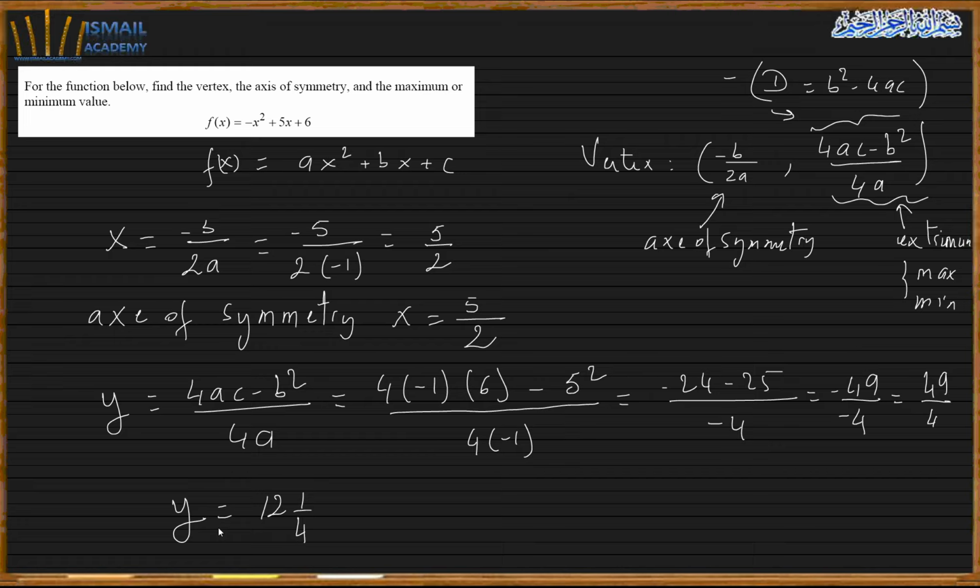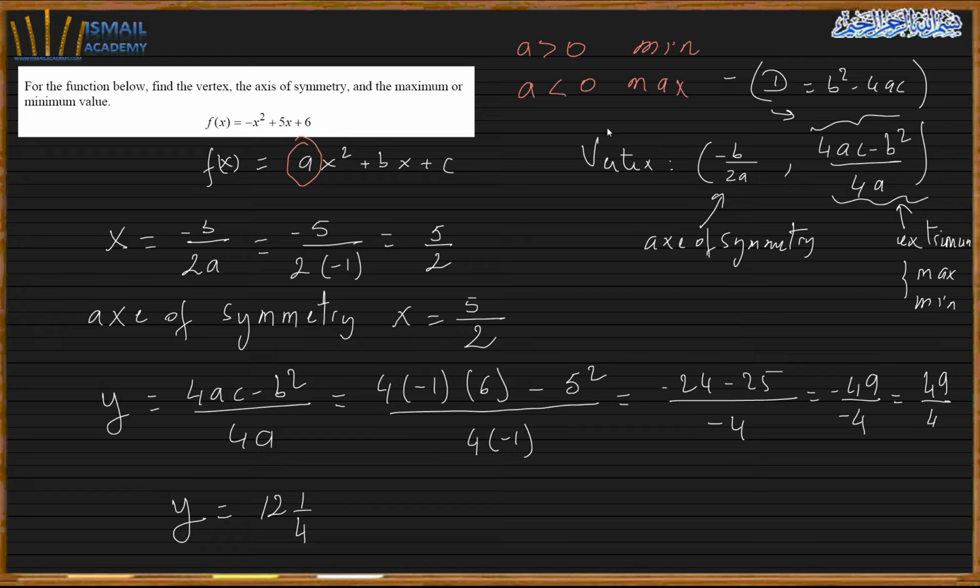So this is my extremum value. This is my extremum. I didn't say it's max or min. But how do I know if it's max or min? To know if it's max or min, I check the sign of the leading coefficient. If a is positive, that means it's a minimum. If a is negative, it's a maximum.